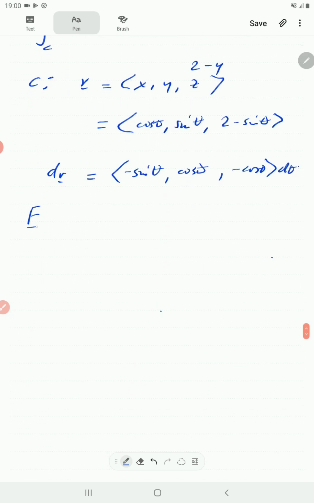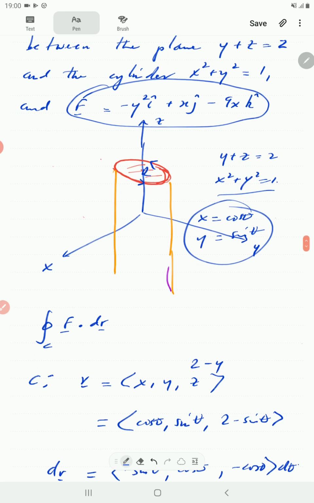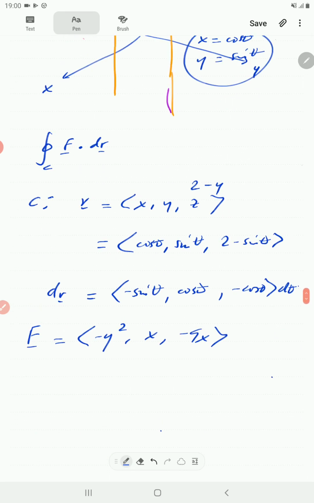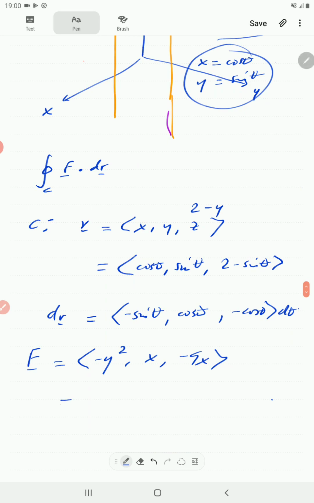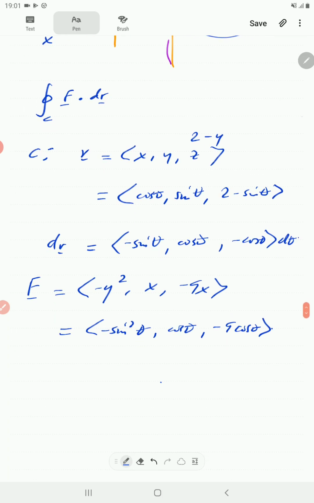So f is minus y squared x minus 9x. So y is sine, so this is going to be minus sine squared theta cos theta. This is going to be minus 9 cosine theta. So that is f.